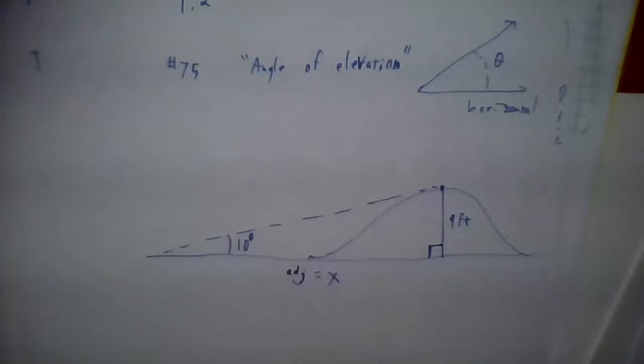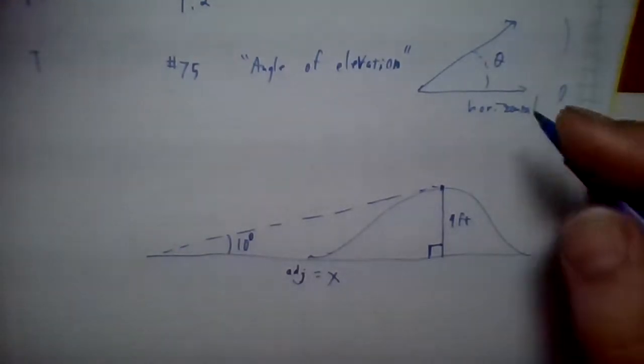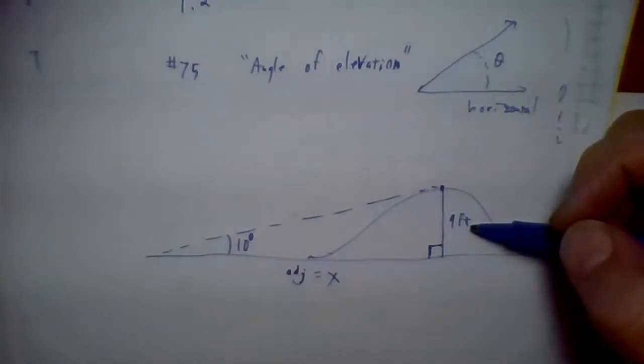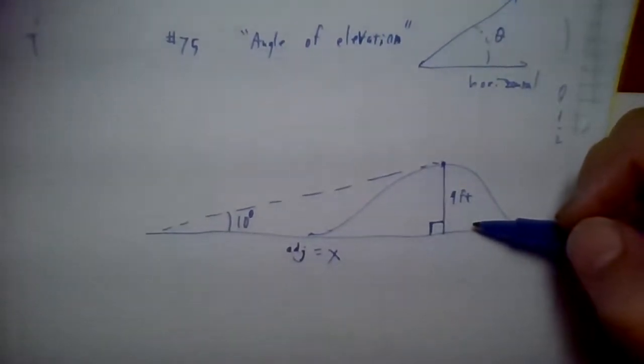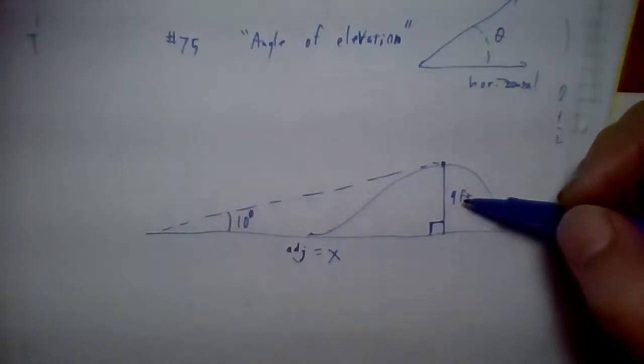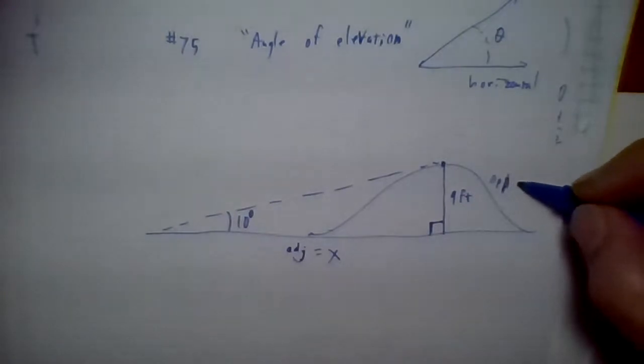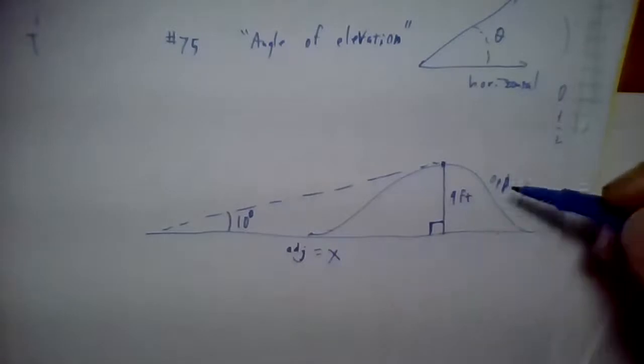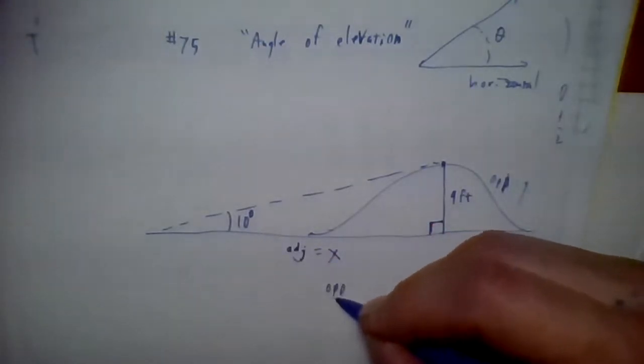So this is where we're going to need calculations involved. We know the angle. We're going to have to work something with that. But the relationship between these things is one of those things that I already wrote down. This is your opposite side, or y, and this is your adjacent side, or x. So I can look at the ratio of these things, and opposite over adjacent was the ratio that we called tangent.